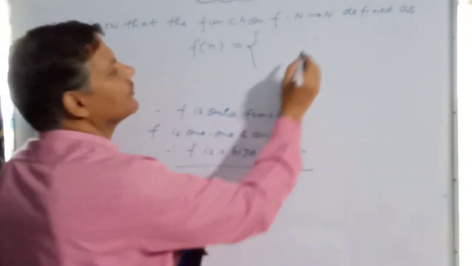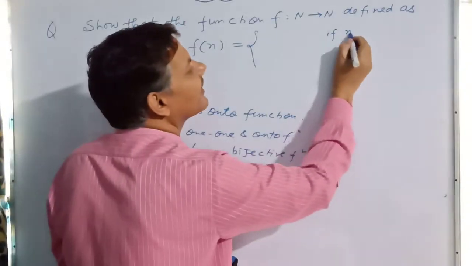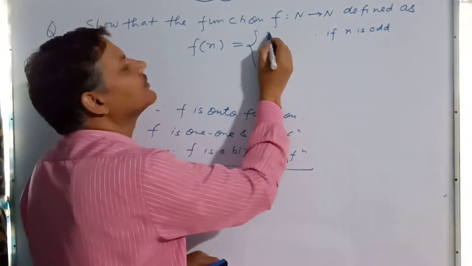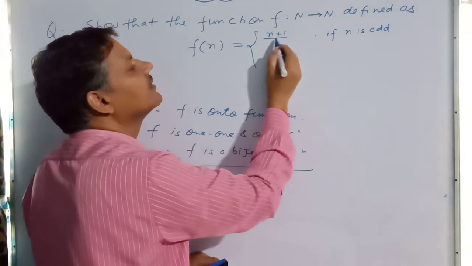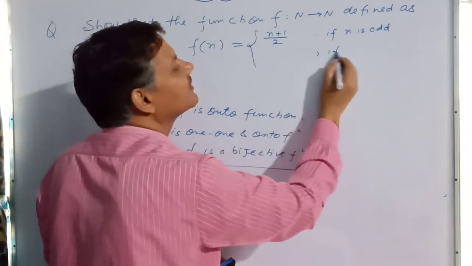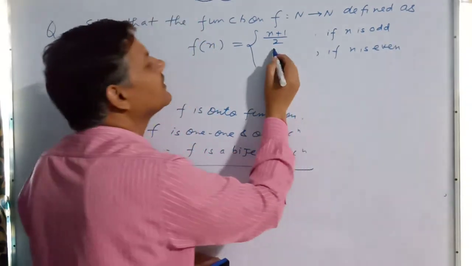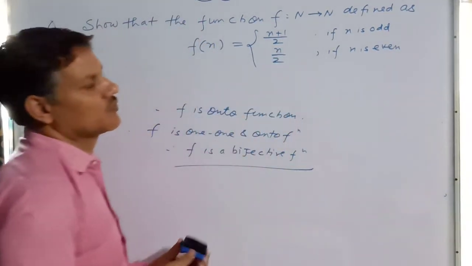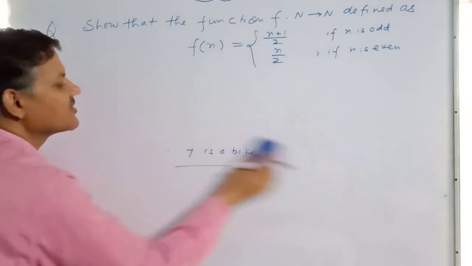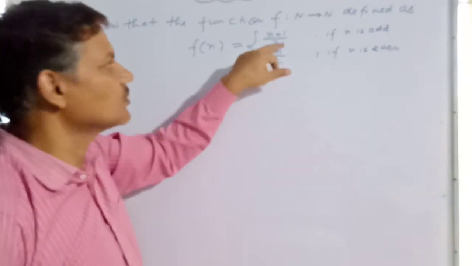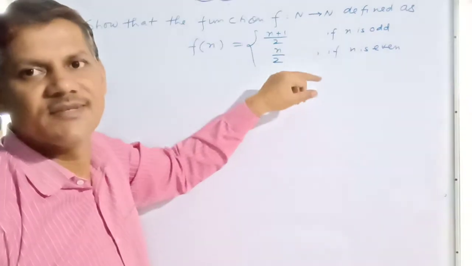That's why we write if n is odd, then its value is (n plus 1) by 2. Second one, if n is even, then it is given as n by 2. So this is the question. Images of all natural numbers which are odd, that is (n plus 1) divided by 2, and if it is even, then directly divided by 2.